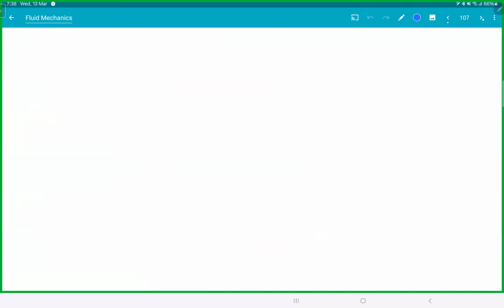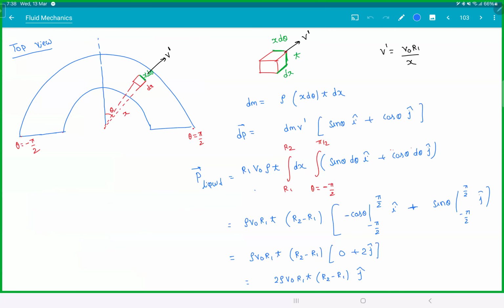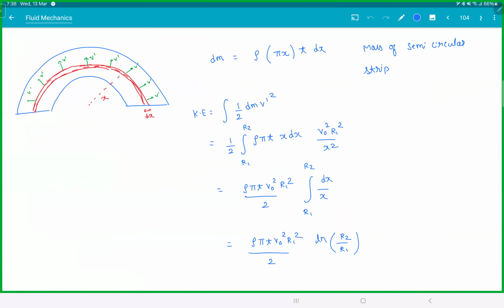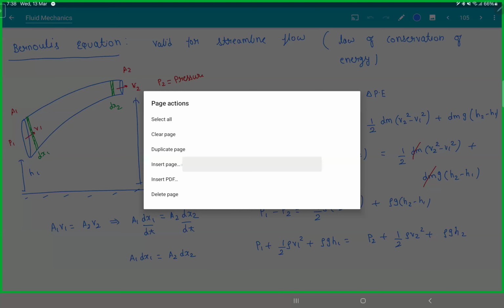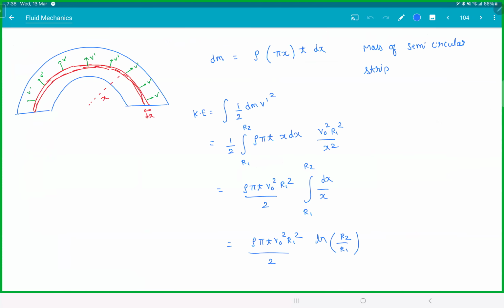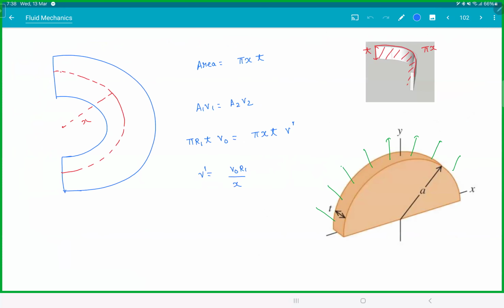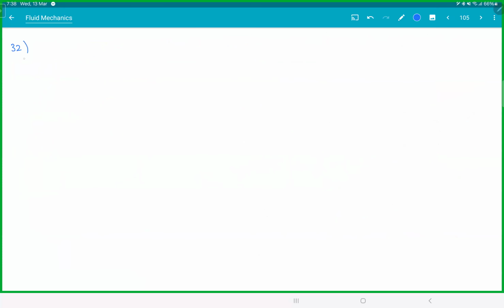So let me ask you a question. This thing I can actually ask in fluid flux here only. Top view. Let's say we have a pipe like this.